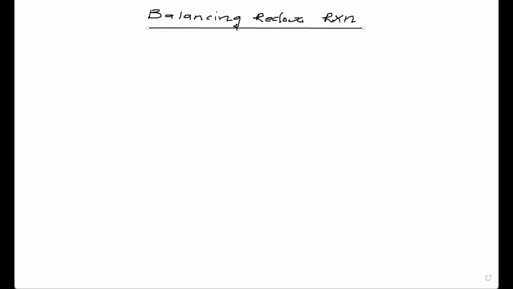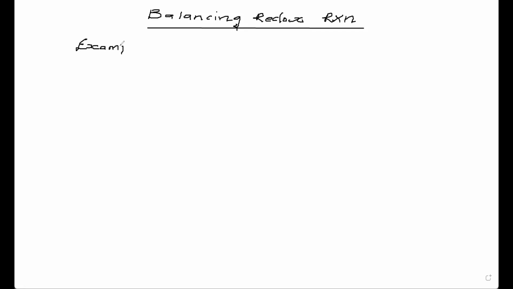First thing first, when you're balancing a redox reaction, we need to consider some steps. So we are going to follow all the important steps that are needed in order for us to balance this redox reaction. And in doing so, we are going first to look at an example, because it is from the example that we are going to derive all the important steps.